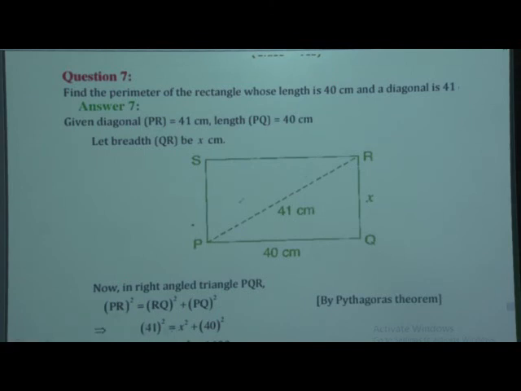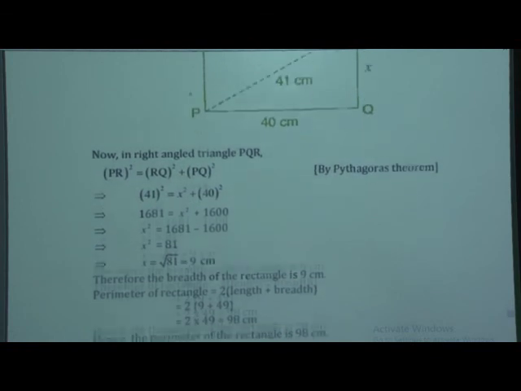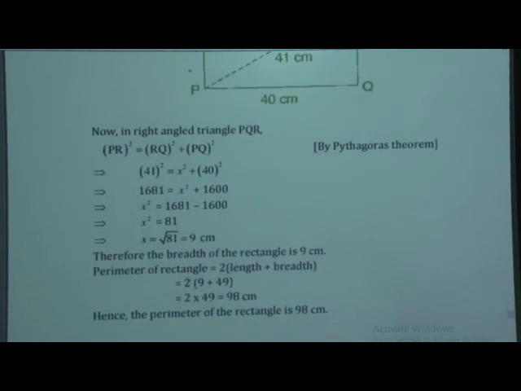It is 41. So 41 square is equal to x square plus one of the sides PQ, given as 40 square. So 41 square is 1681, which is equal to x square plus 1600.